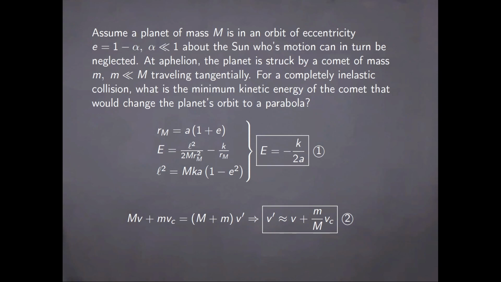This has to be equal with the linear momentum post-collision, which is given by, since the collision is completely inelastic, a new body having a mass equal to the sum of the previous masses and a total velocity v prime. And using the fact that the mass of the comet is much smaller than the mass of the planet, we can approximate v prime from this equality by the result here.